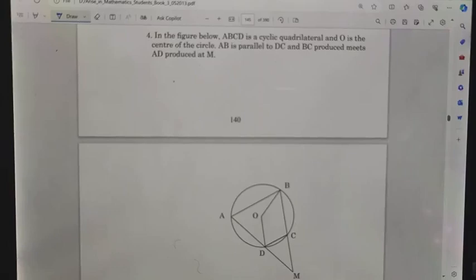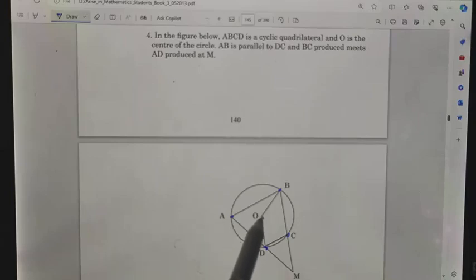So let's look at another question that's saying in this figure below, ABCD is a cyclic quadrilateral. So this is a cyclic quadrilateral, and indeed all its corners are touching the circumference. And O is the center of the circle.